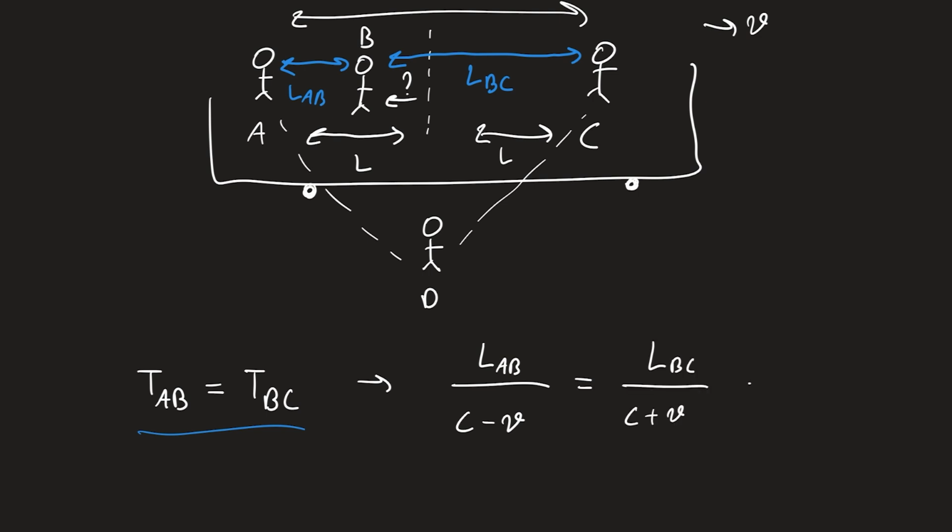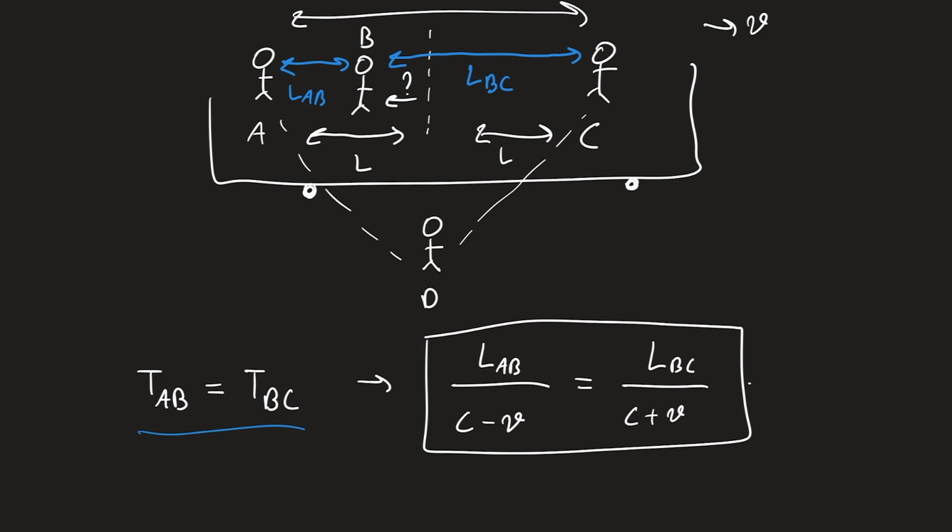So this yields the equation that we need to solve. But the problem is we have two unknowns here. Both of the distances are unknown. Luckily, we also have a constraint. Since the distance between Alice and Charlie is still 2L, we need LAB plus LBC to be equal to 2L.